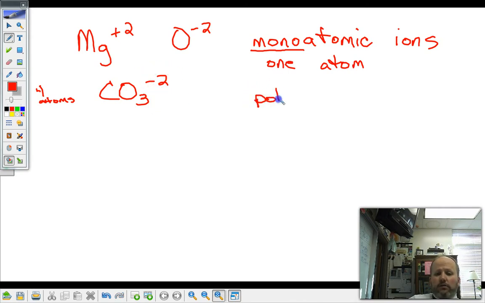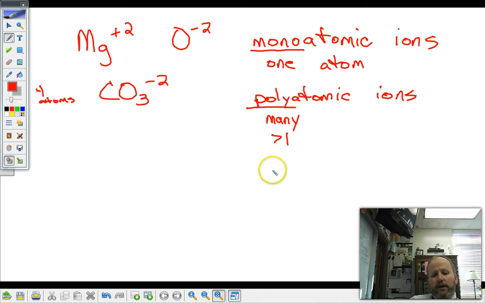This is what is called a polyatomic ion. Poly means many, or in other words, more than one. And more than one is 2. So there will be a polyatomic ion you have on the homework that has 2 atoms in it.